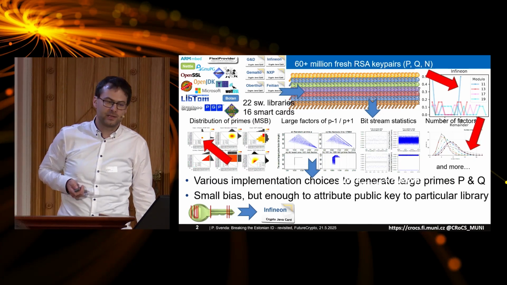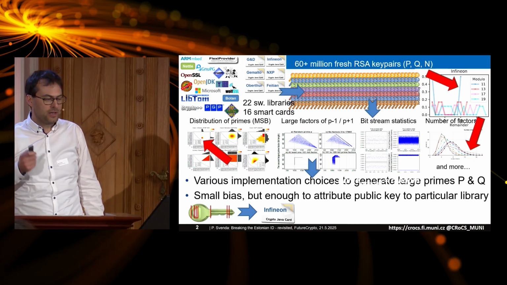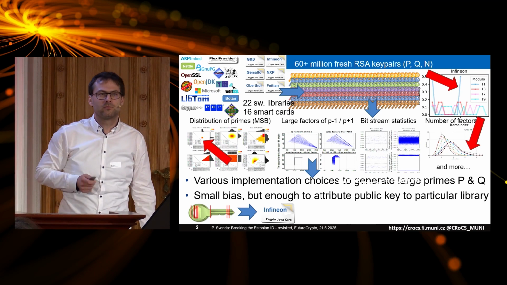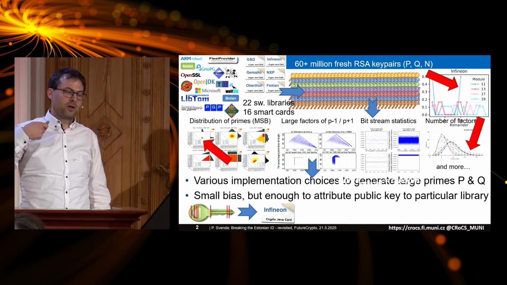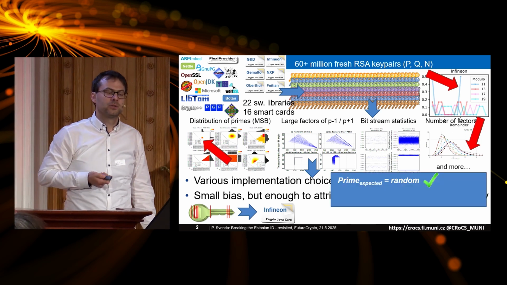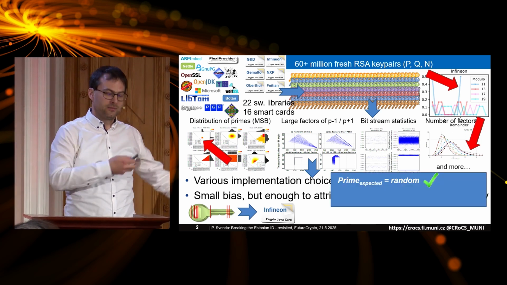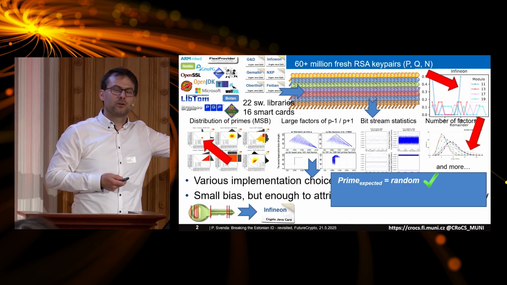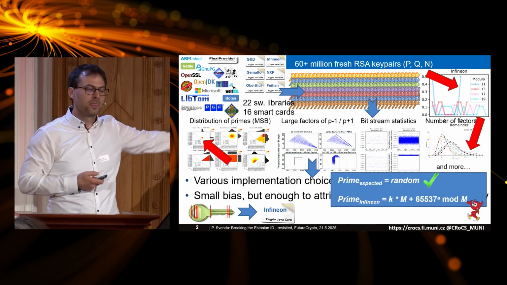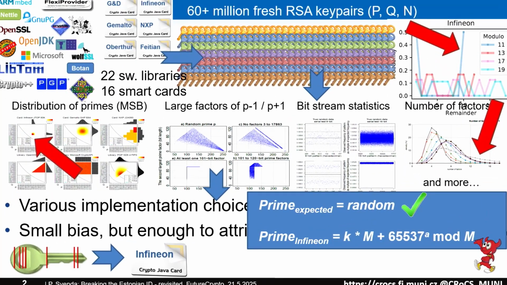But this picture, I will not get much into details why, was saying that the primes from Infineon have a very specific algebraic structure. And just by observing that structure, we were able to get exactly the format of the structure. So what do you expect in an ordinary implementation? Primes are random. What did we get for Infineon? This formula. So they were generating it this way.